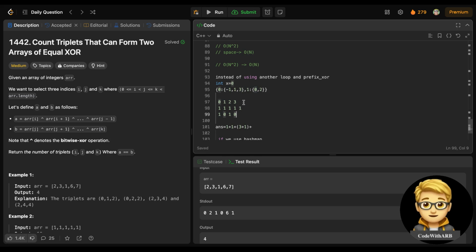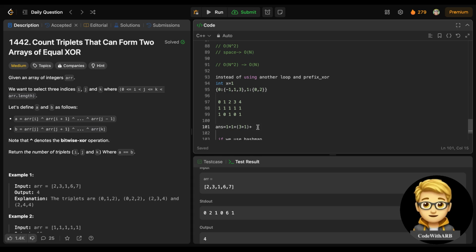Now when this goes to 4, this will be at 1, and this is at, sorry, this is at 0. So 0 XOR 1 is 1. 1 is already present at the 0th index and the 2nd index. So between this 4 and the 0th index, this all is the answer, because this all will help to form a triplet.